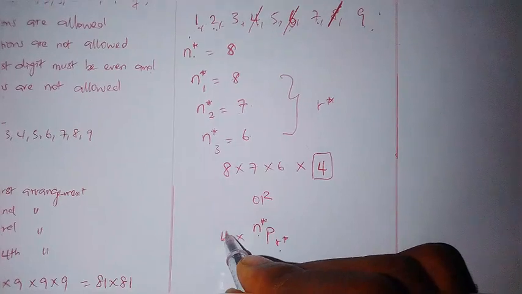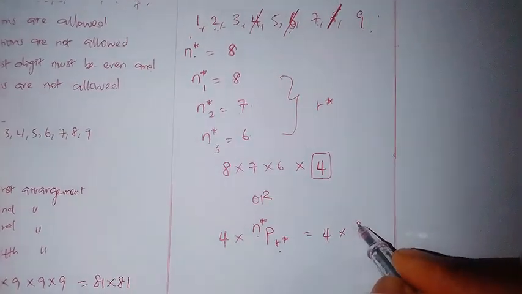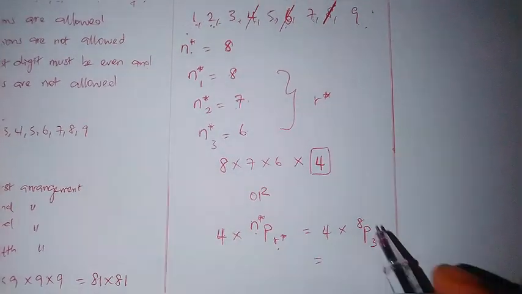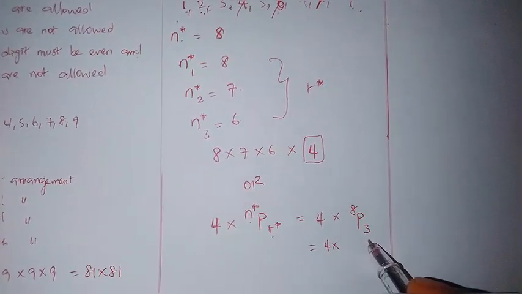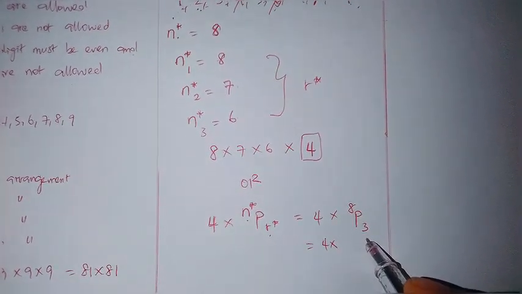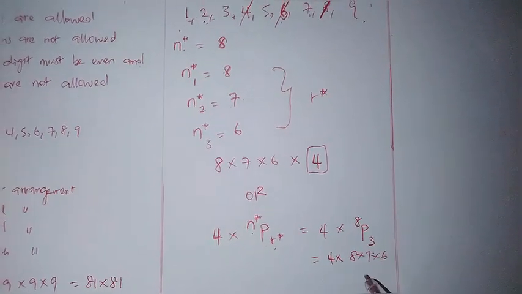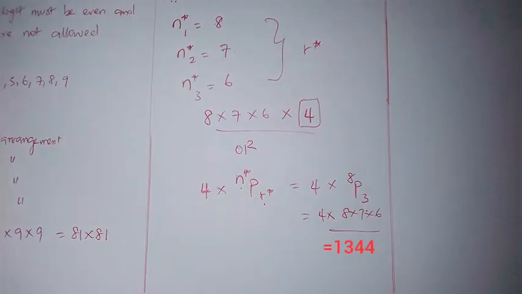So that's 4 times 8 permutation 3. And you get your answer as 4 times 8 factorial over 8 minus 3, which is 5 factorial. So that's 8 times 7 times 6, which is still the same as what I have up here. That's the solution to this question.